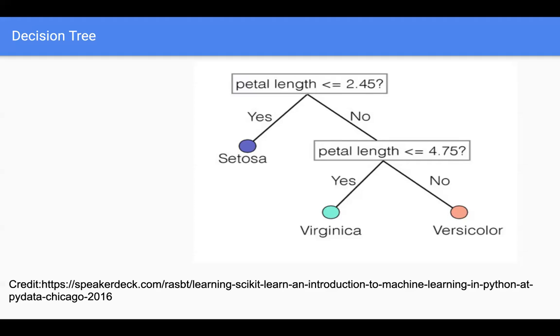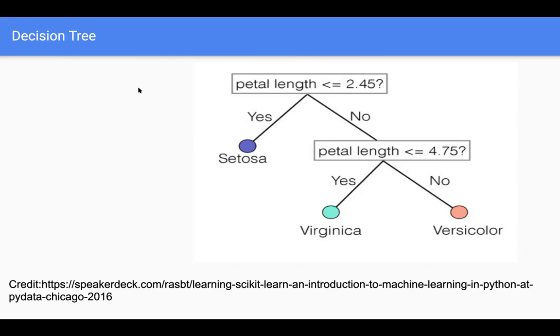If yes, then it belongs to a certain category. If no, then we keep on building up this decision tree internally, and we come to a category, depending on which conditions the input data satisfies.